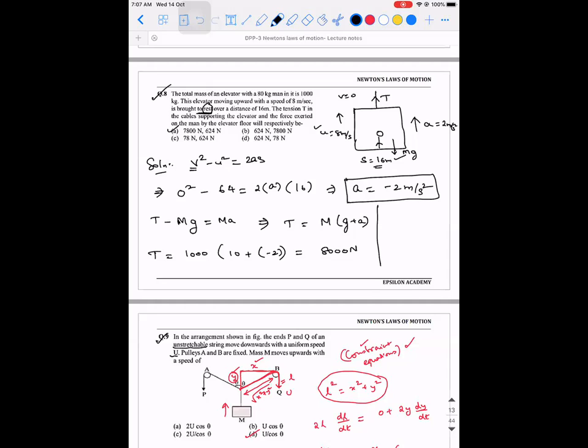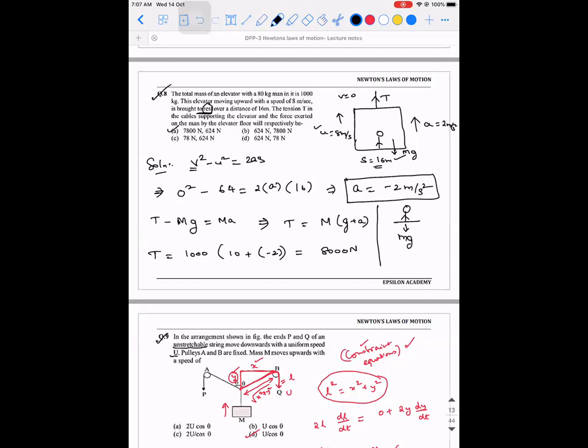So what is the force exerted by the man on the elevator? It will be in which form, guys? So the man is standing, he is having contact with the floor.